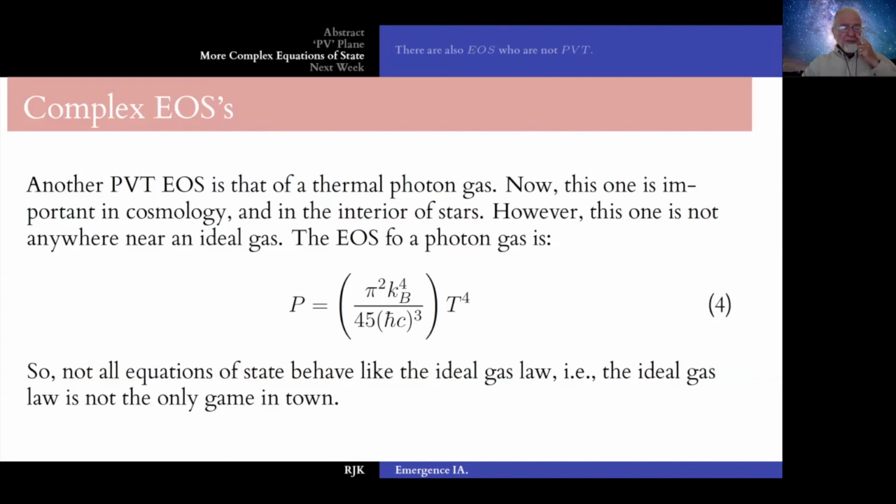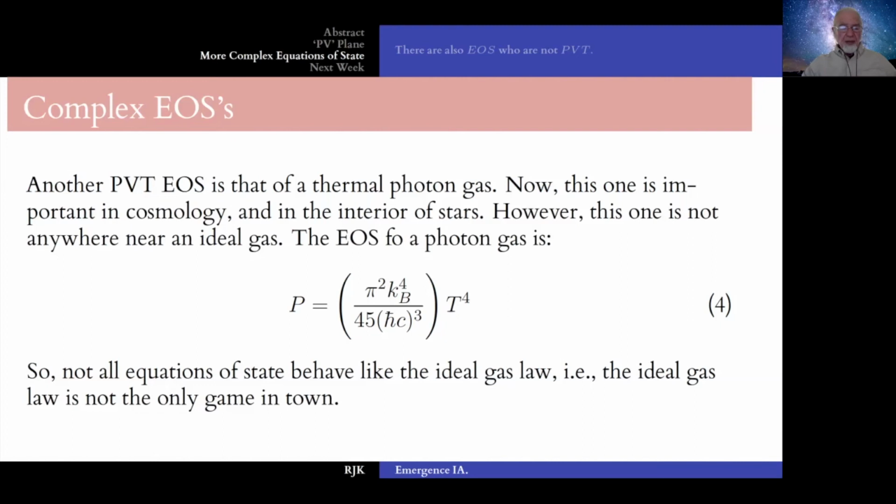Now, we've dealt with this when we were doing the Friedman-Robertson-Walker equations in cosmology, where we used the pressure of a photon gas early on in the Big Bang, and this is important there. It's also important in the interior of stars, and it's definitely not anywhere near an ideal gas.